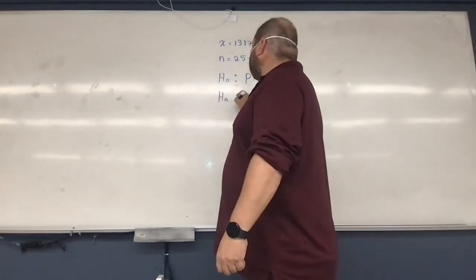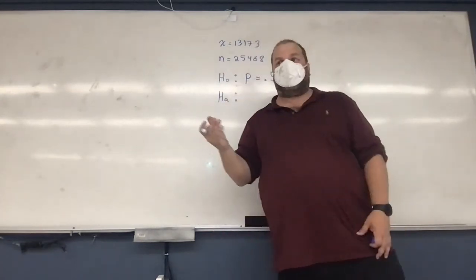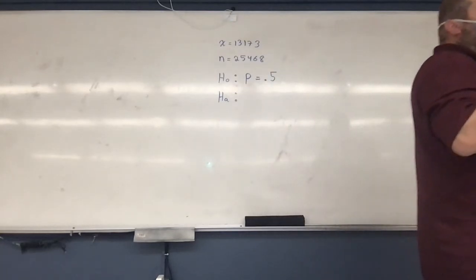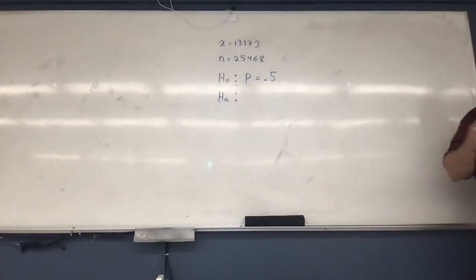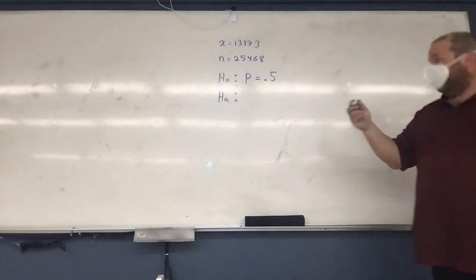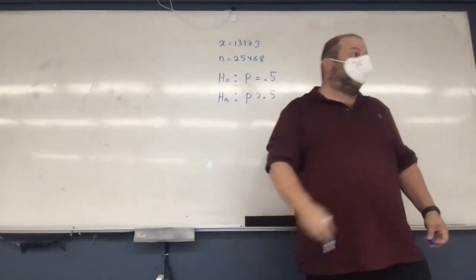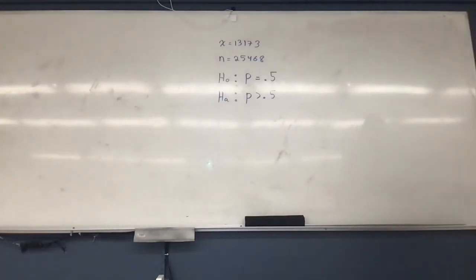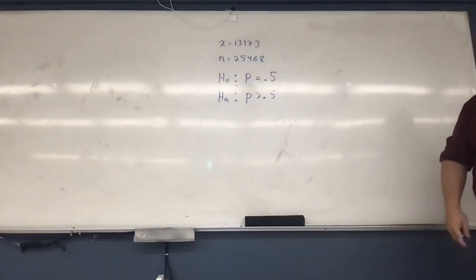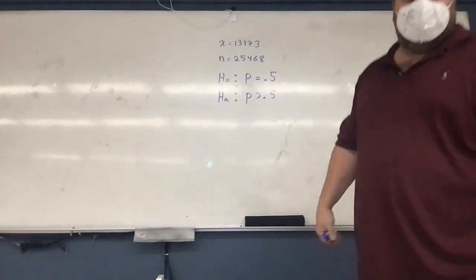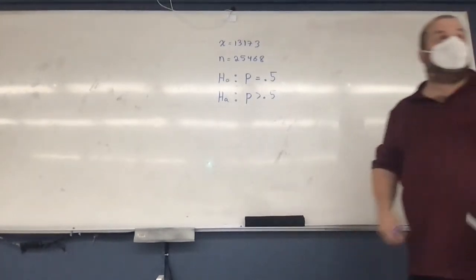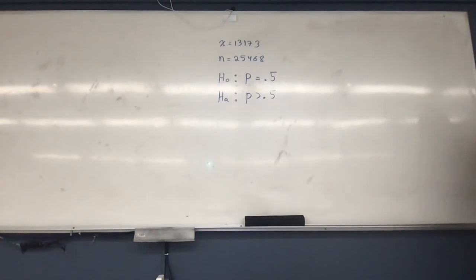Every example that we've done has been 0.5, but I'm not promising you won't see one that's different. And the alternative is that P is greater than 0.5. Is it more likely for boys to be born than girls for firstborn children? So let's see what the data seems to suggest.